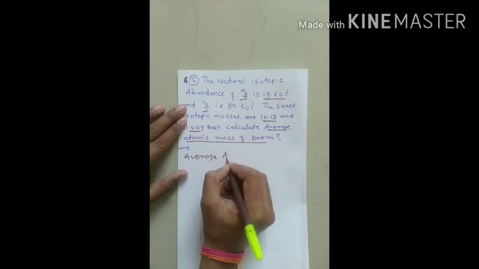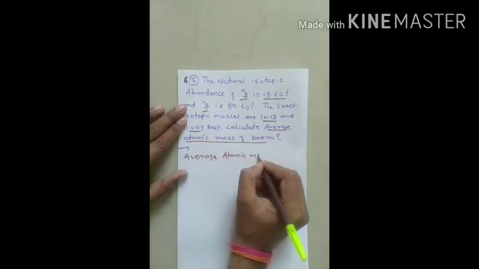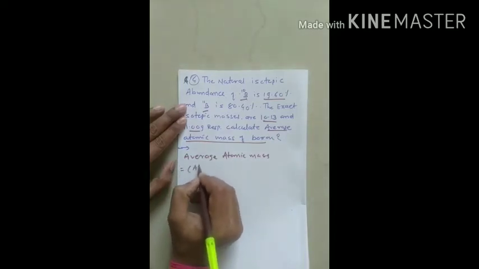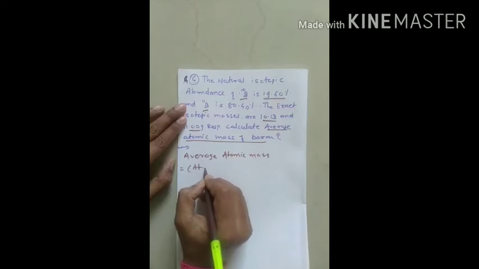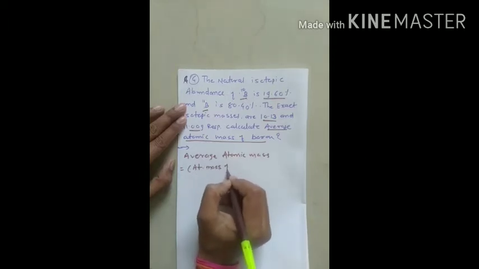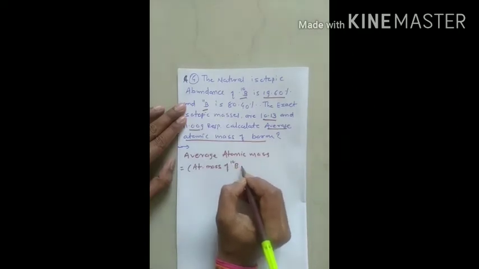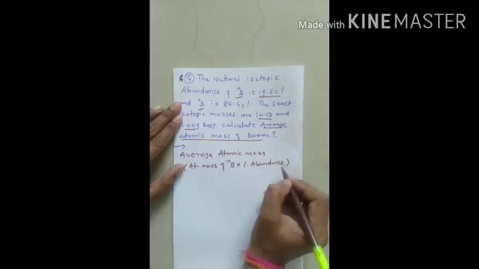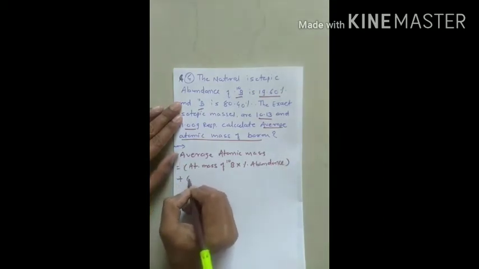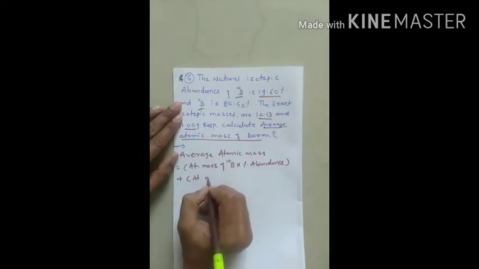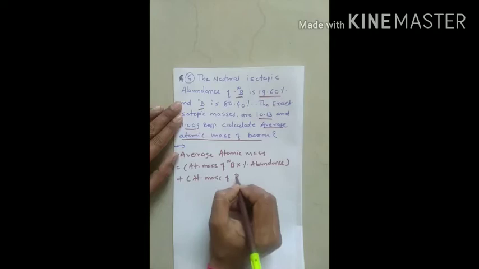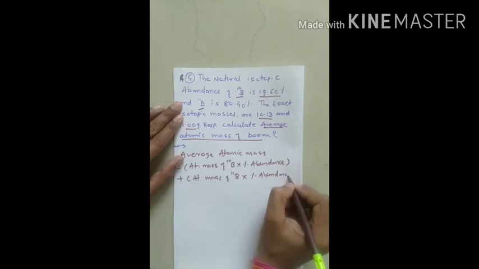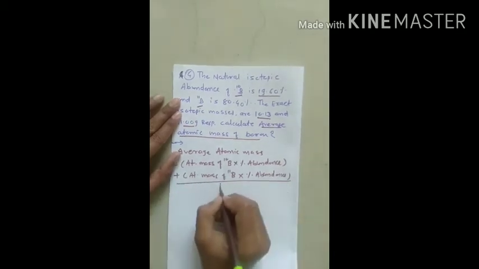Average atomic mass is equal to the atomic mass of B10 into its percentage abundance, plus similarly the atomic mass of the second isotope, that is B11, boron 11, into its percentage abundance, and the whole divided by 100.